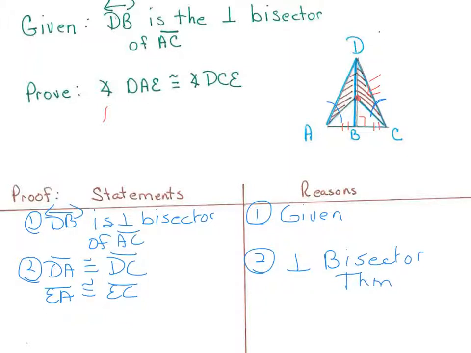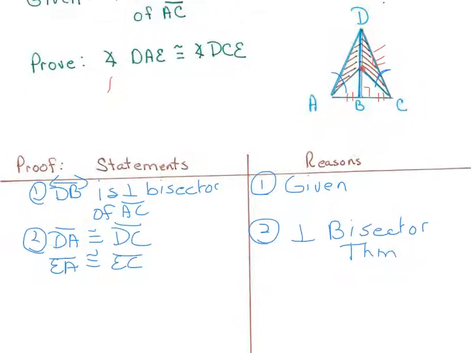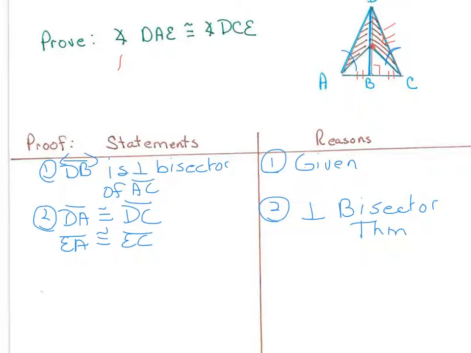Okay, so that gives me two sides of the triangle. I either need an angle or a third side. What can I get? DE is congruent to DE because it's shared. Okay, we have a shared side, so side DE is congruent to side DE, and that's because of the reflexive property.